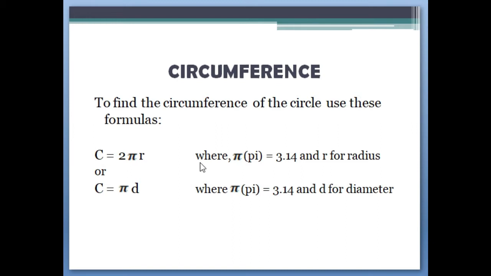Or, yung isang formula na pwede nyo pang gamitin is yung C is equal to pi d, where itong pi na to is equivalent to 3.14 and yung d is for diameter. So, may two options kayo kung ano yung gagamitin nyo. And mamaya, ituturo ko sa inyo kung kailan nyo gagamitin ang formula na C is equal to 2 pi r at kung kailan nyo rin gagamitin ang formula na C is equal to pi d.